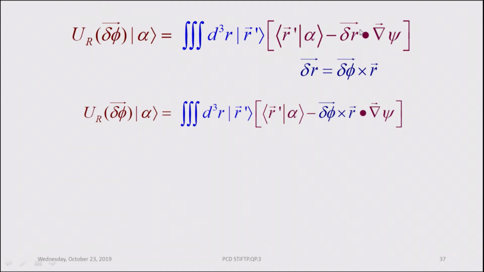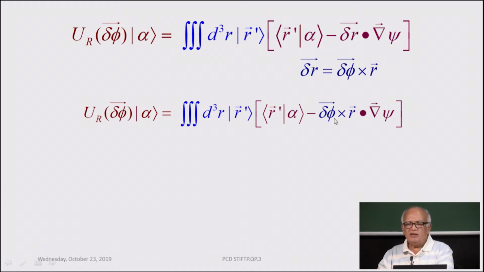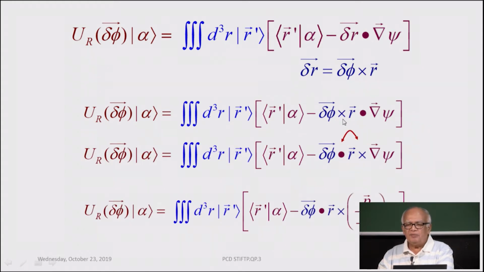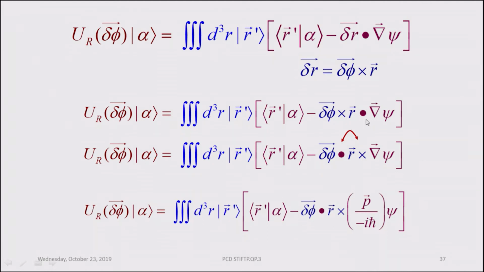And delta r we know from our previous discussion is given by delta phi cross r. You can always interchange the position of the cross and the dot in a scalar triple product, so let us do that. You swap the positions of the cross and the dot, and now you have delta phi dot r cross del.